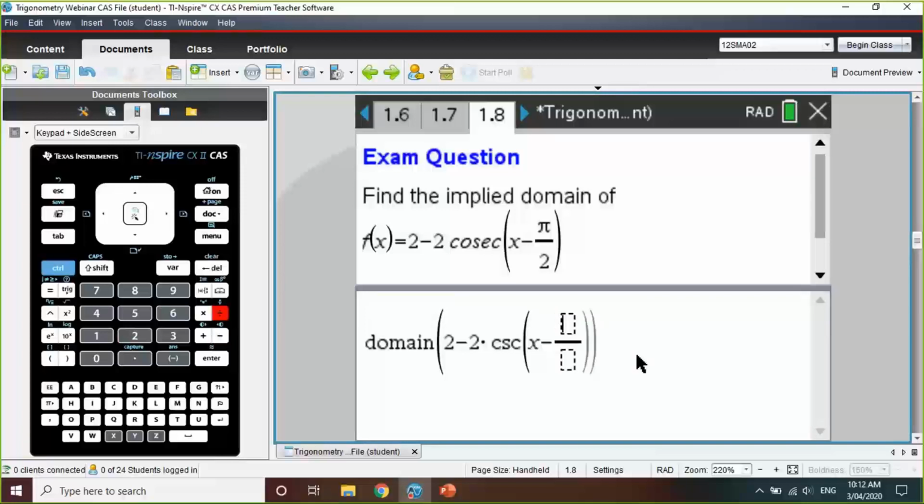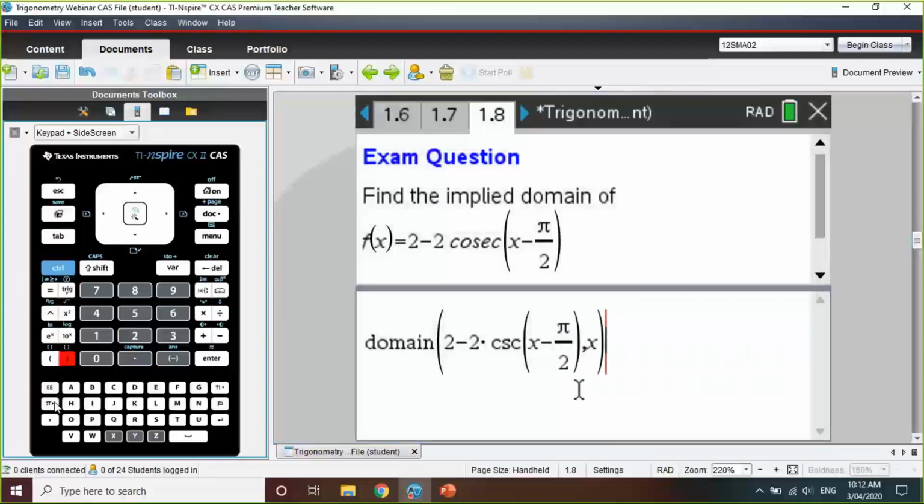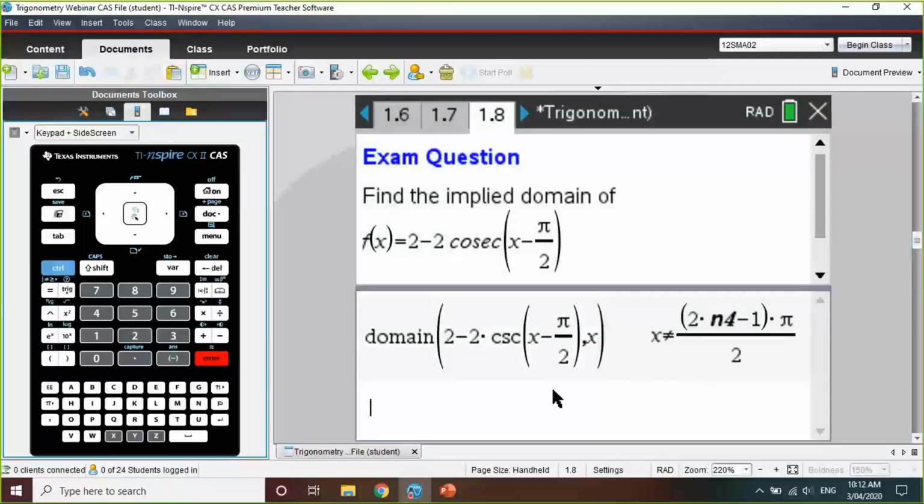Now, in this question, we aren't given a domain. That's okay. So our output now is in general form. So it's telling you that X cannot be any of these numbers. So even if it's from before, this bold N4, now you may try it on your CAS, you might get an N2, an N3, an N5.